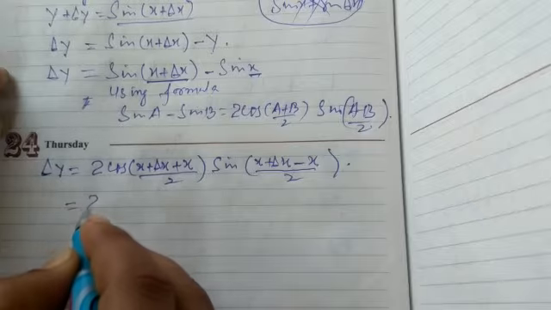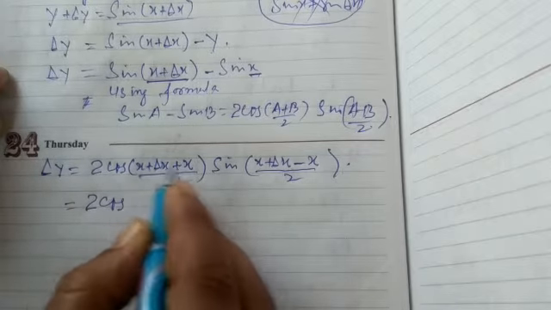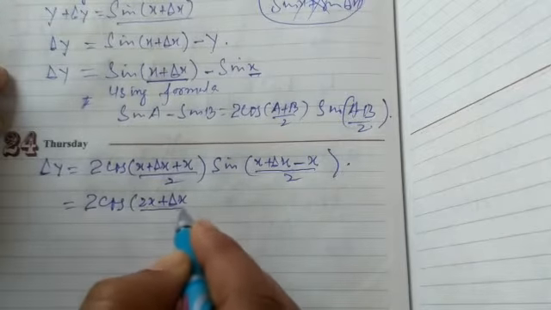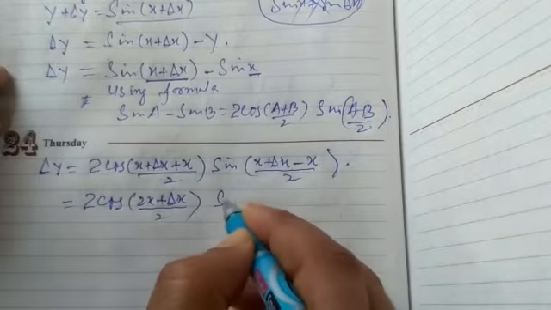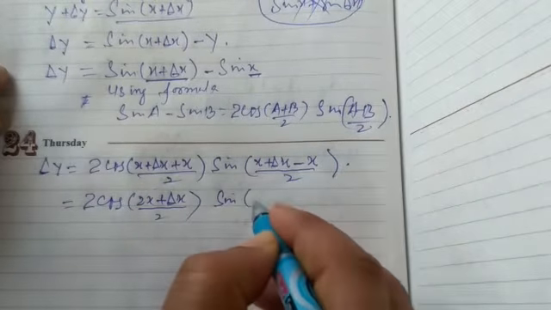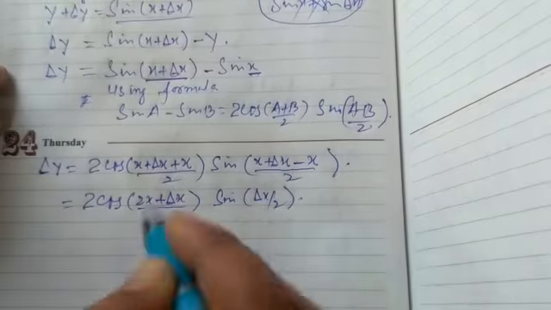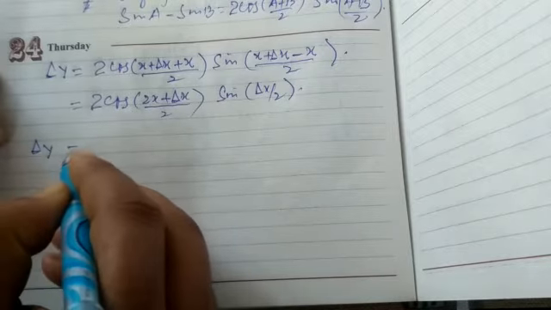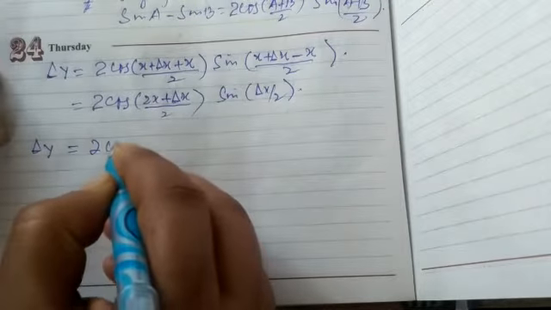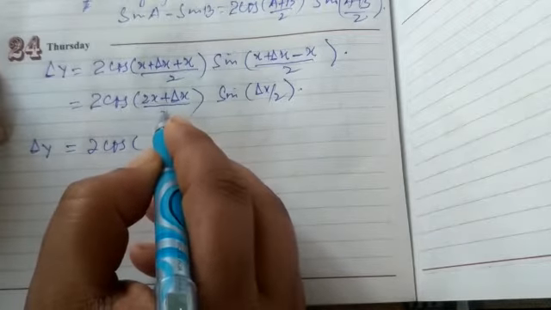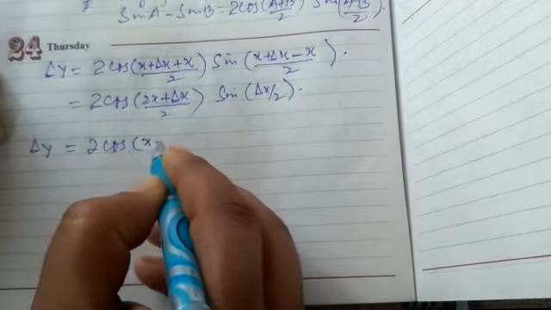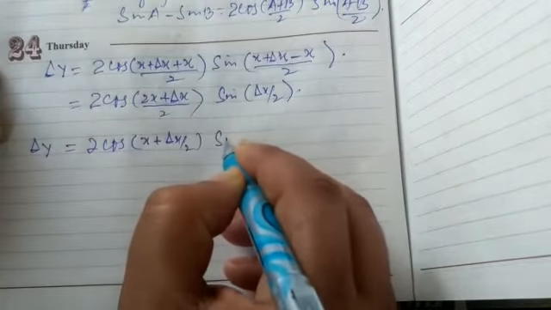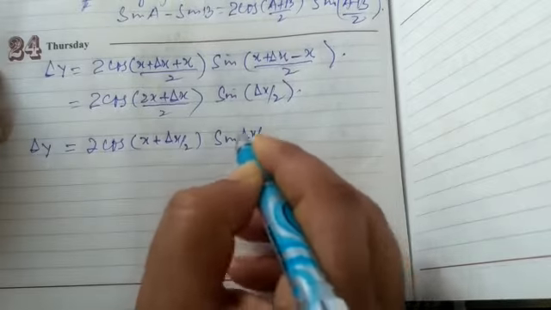So it becomes 2 times cos of (2x plus delta x) by 2 into sine of delta x by 2. Now we have delta y equals 2 times cos of x plus delta x by 2 into sine of delta x by 2.